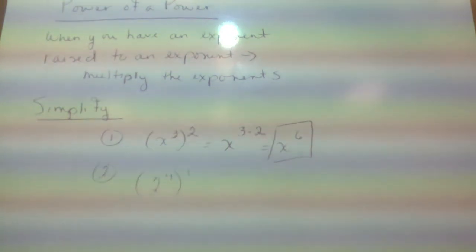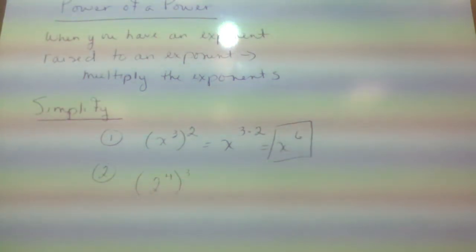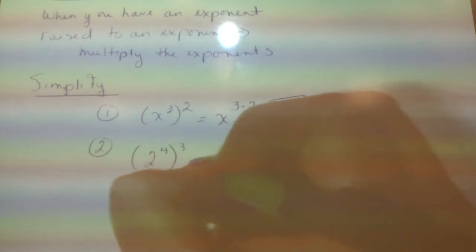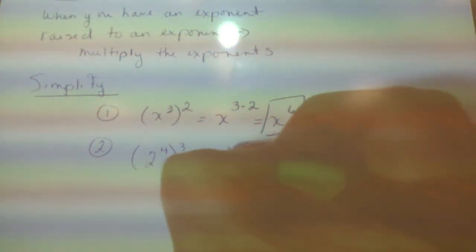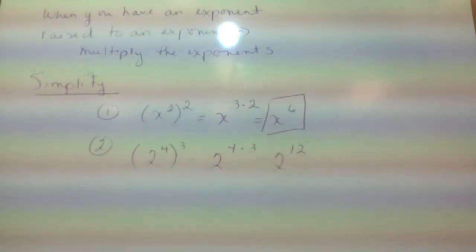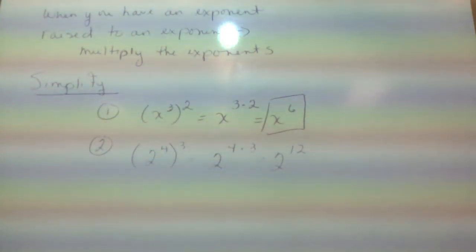It doesn't matter if there's a number or a variable. The procedure is still the same. I've got 2 to the 4th raised to the 3rd power. So we're going to keep that base and multiply those exponents. So I've got 2 to the 12th. Now in math, you should never be leaving a number with an exponent.